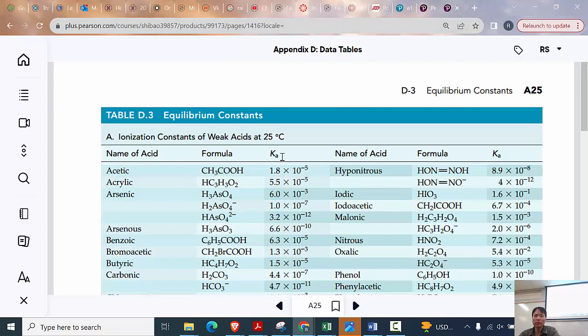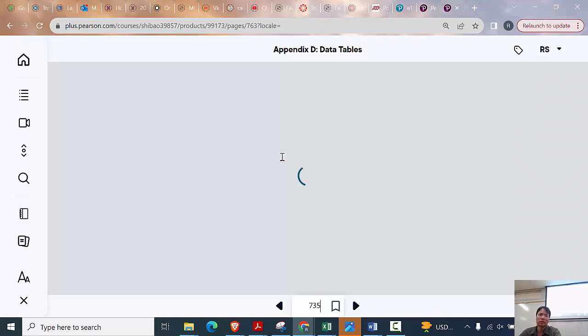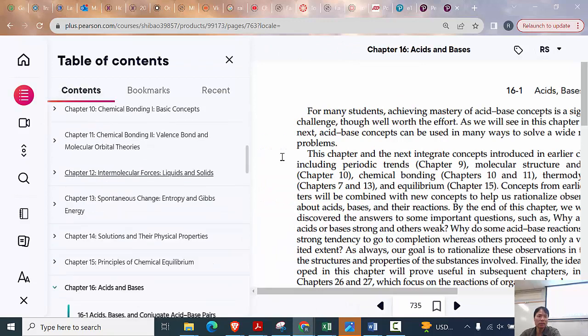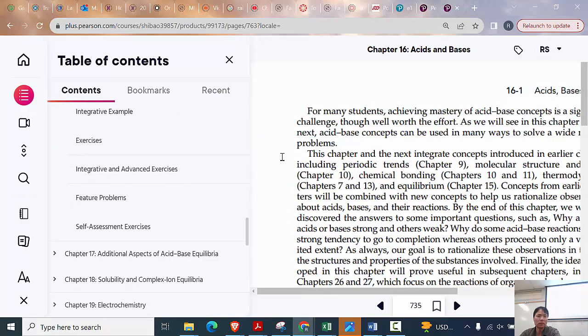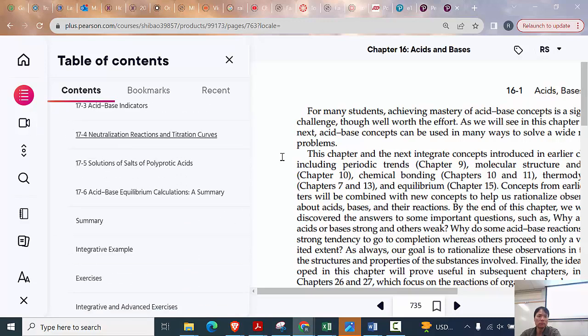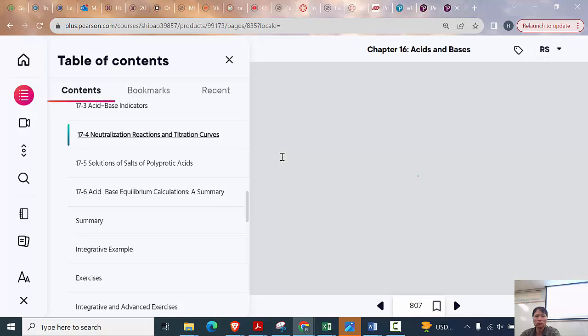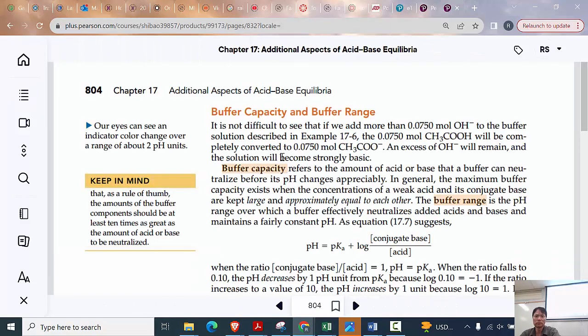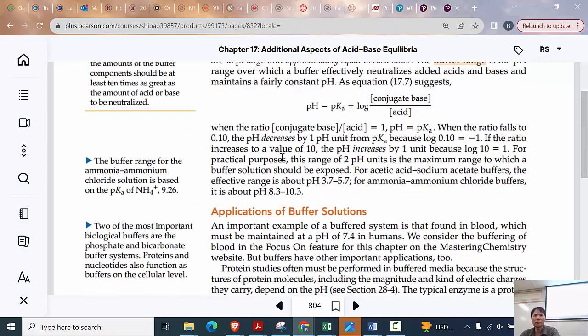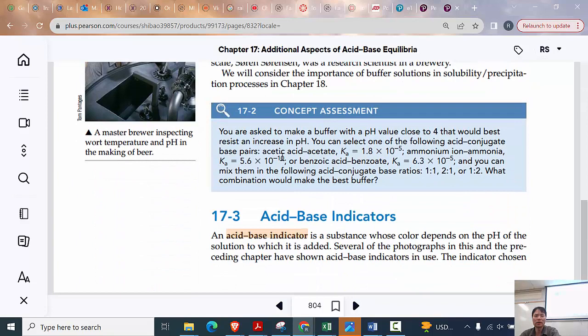And so I'm going to go to the titration curve, which page was that, 720? 780, I guess it was. Well, maybe we'll take a look at indicators first. So this is what they're showing here. This is indicators.